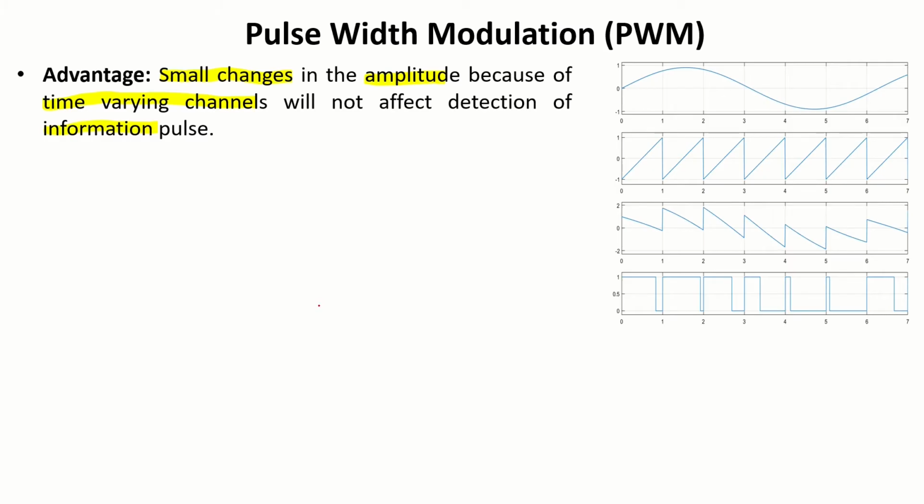That is, if we are going to transmit this waveform over the air and we have a channel and then a receiver, and this is a time varying channel, we may have some fluctuations in the amplitude of this transmitted wave. But since the information is stored in the width rather than the amplitude, we would not have much difficulty in the reception of a PWM modulated signal.